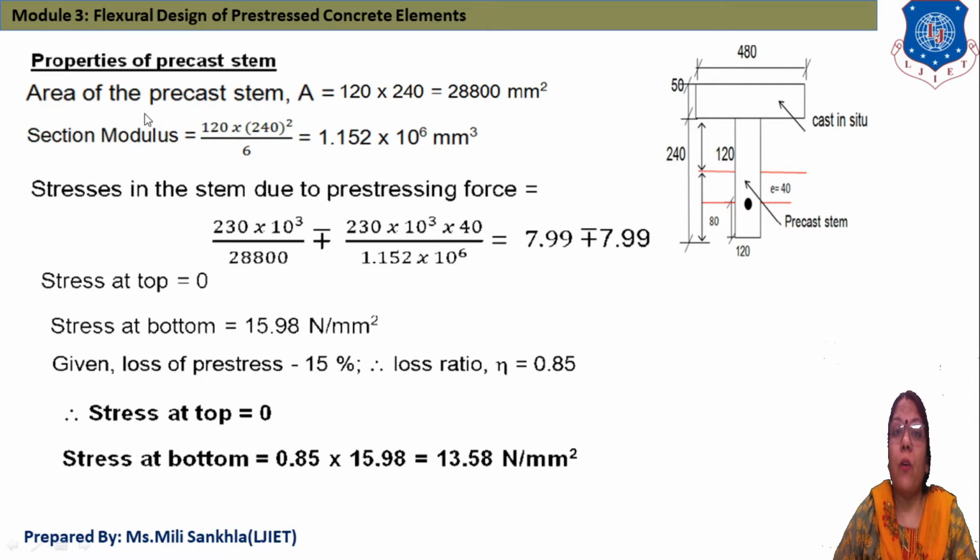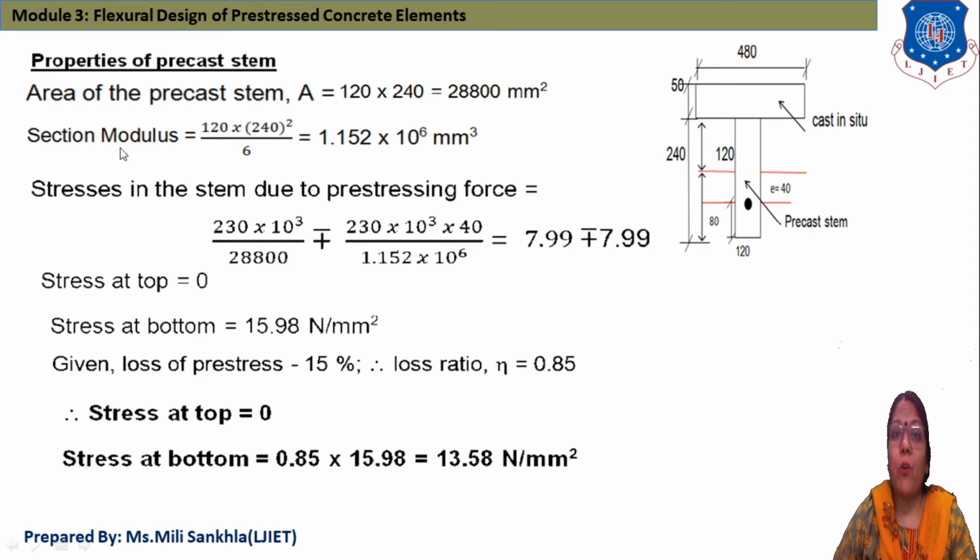First we discuss for unpropped. Properties of precast stem: here we take precast stem because we discuss for unpropped. Area of precast stem A is equal to 120 width and 240 depth, that is equal to 28,800 mm square.